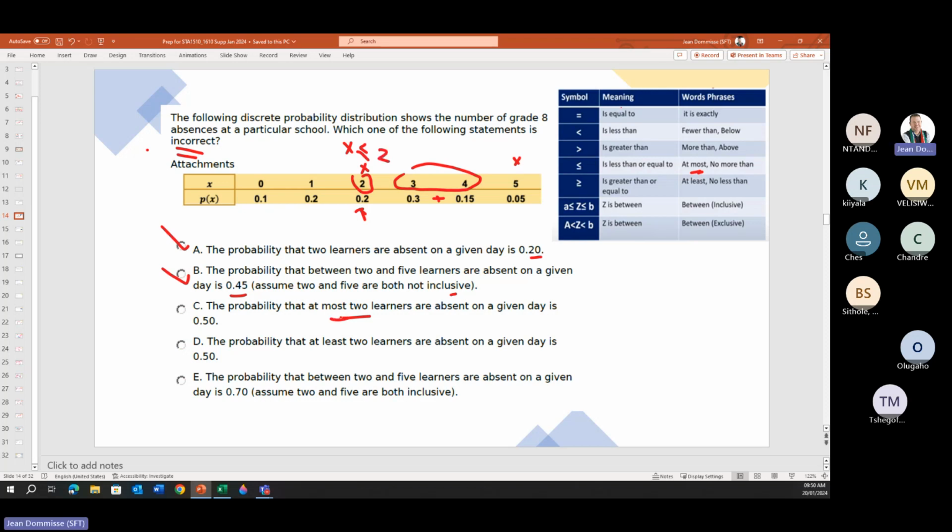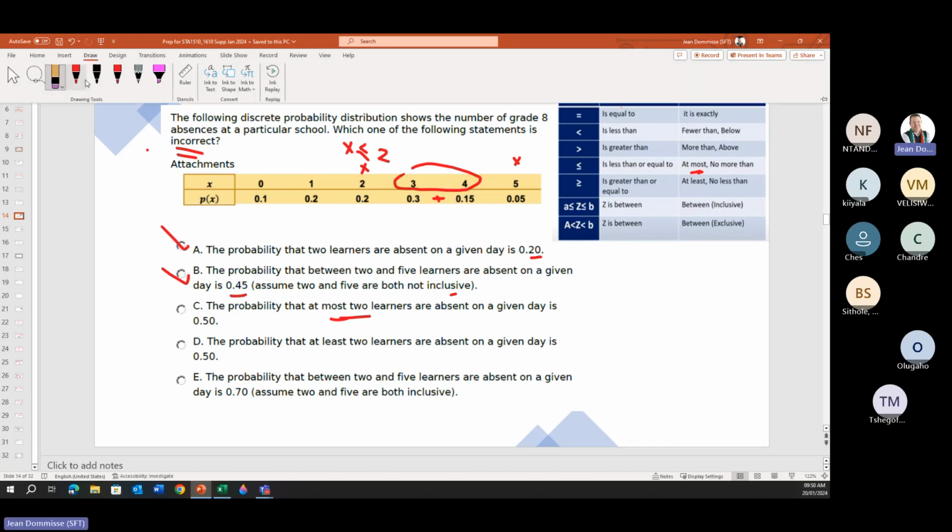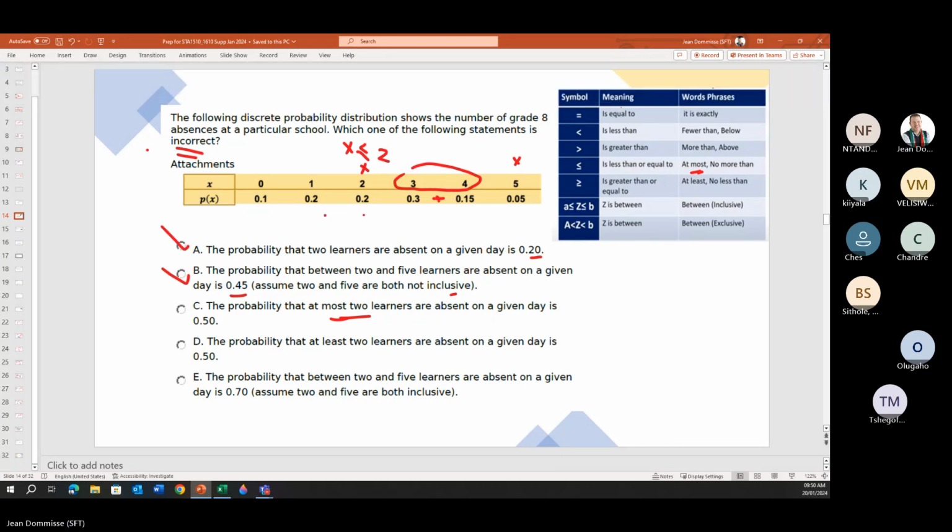Okay, at most 2, let's check and let's take that out. Smaller or equal to 2, so it is those three, 0.2, 0.2 plus 0.1 is 0.5.